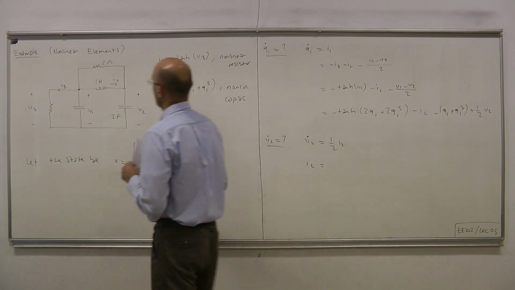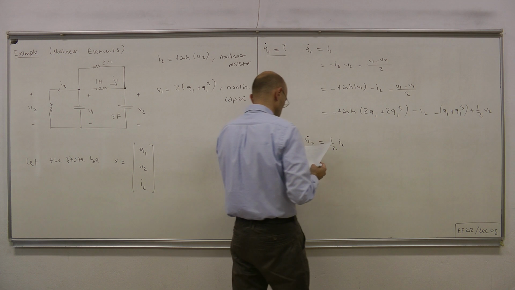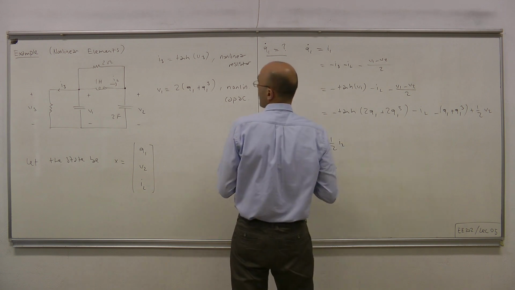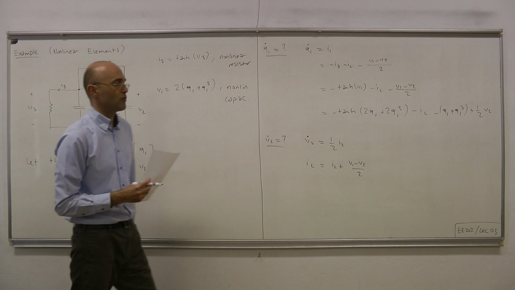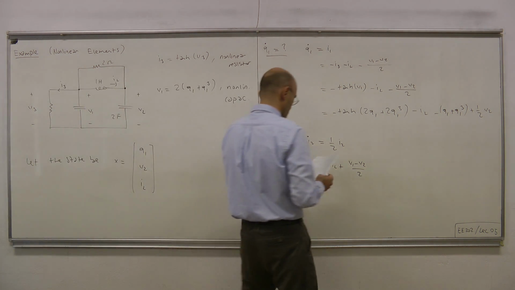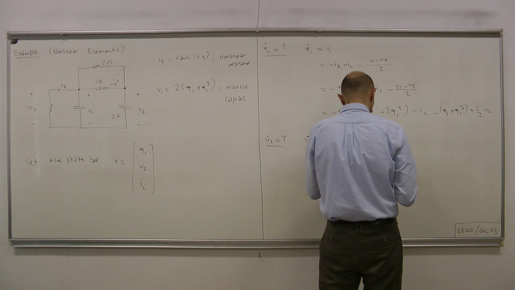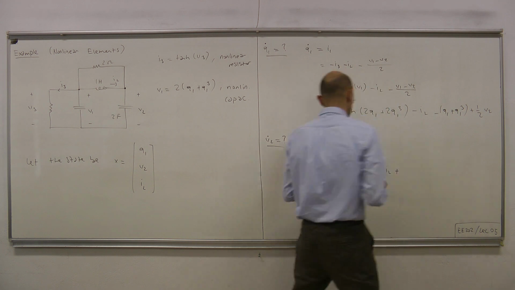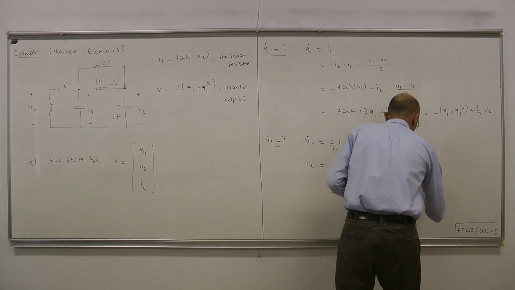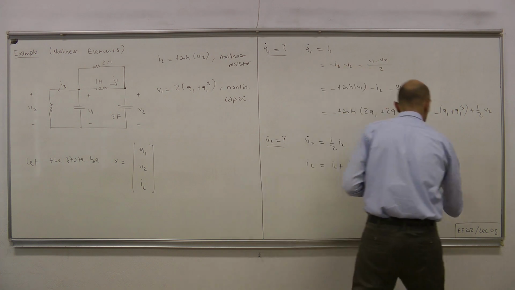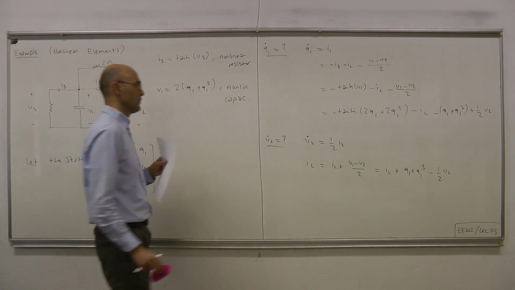Again writing KCL at this node, we can see that I2 equals IL plus the resistor voltage divided by the resistance, which equals IL plus 1/2 V1, where V1 is Q1 plus Q1 cube, minus 1/2 V2. Okay, so that's V2 dot.